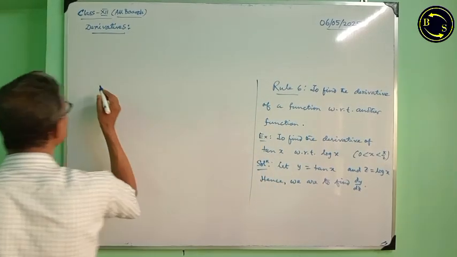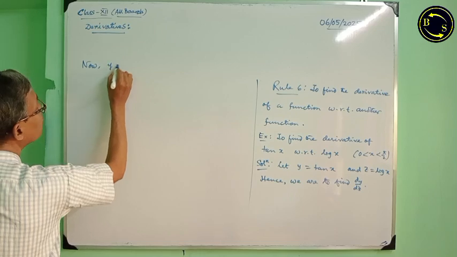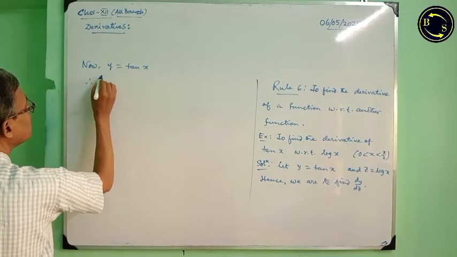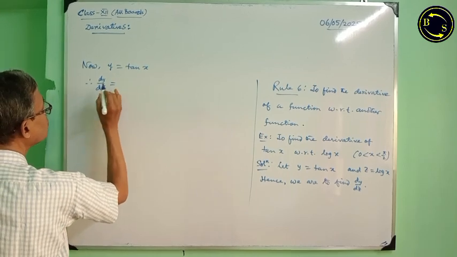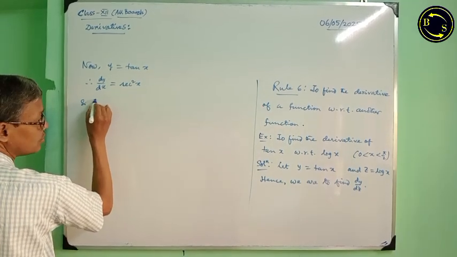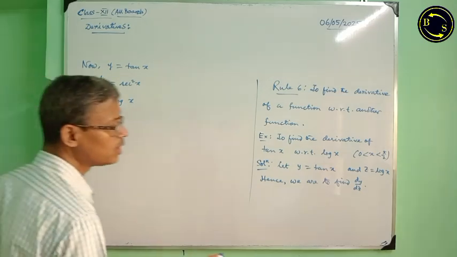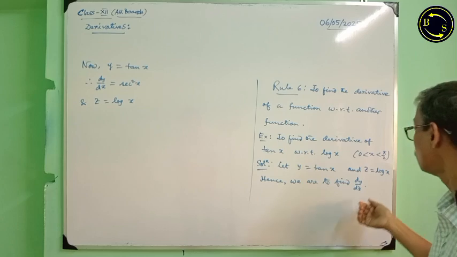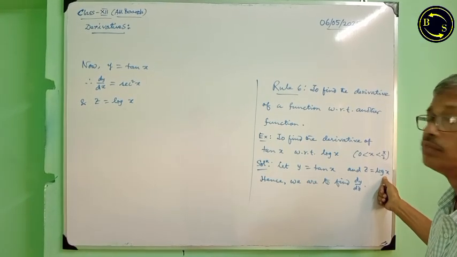I do on the left. Now y equal to tan x. Therefore, we can find easily dy dx, that is equal to sec square x, and z equal to log x. One thing already it is mentioned in case of calculus, if the base is not mentioned, log x means base e, natural logarithm.